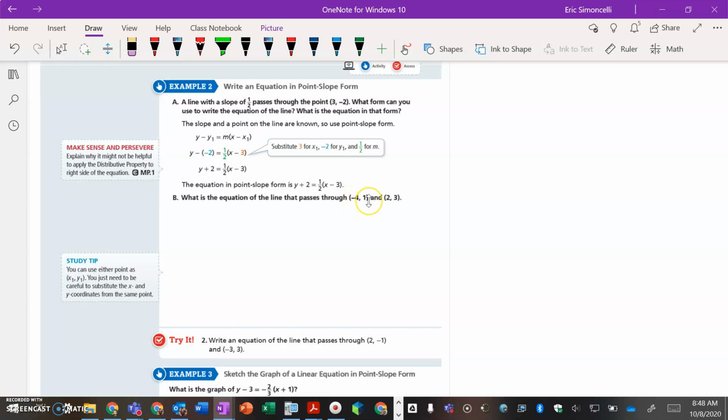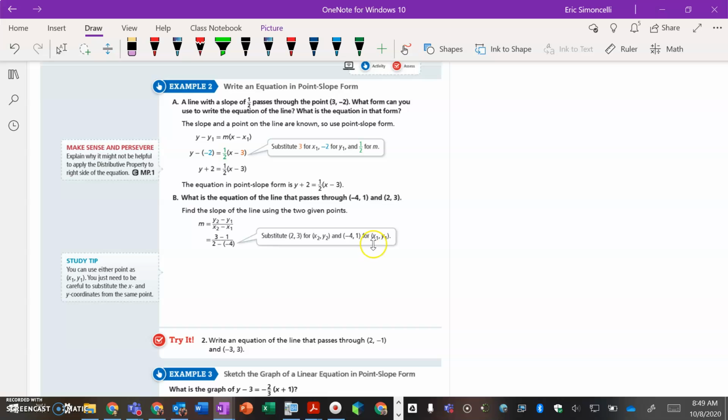Part B. What is the equation of the line that passes through negative 4 comma 1 and 2 comma 3? Find the slope of the line first using the 2 given points. Remember the slope formula, y2 minus y1 over x2 minus x1.